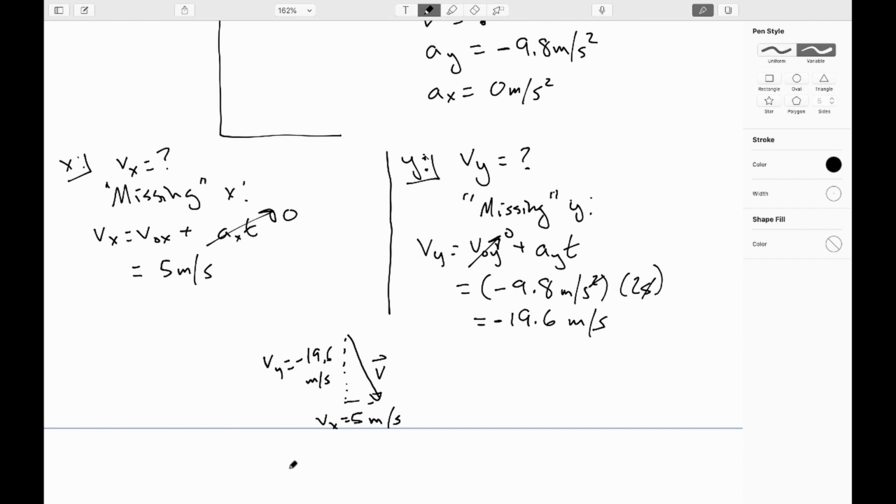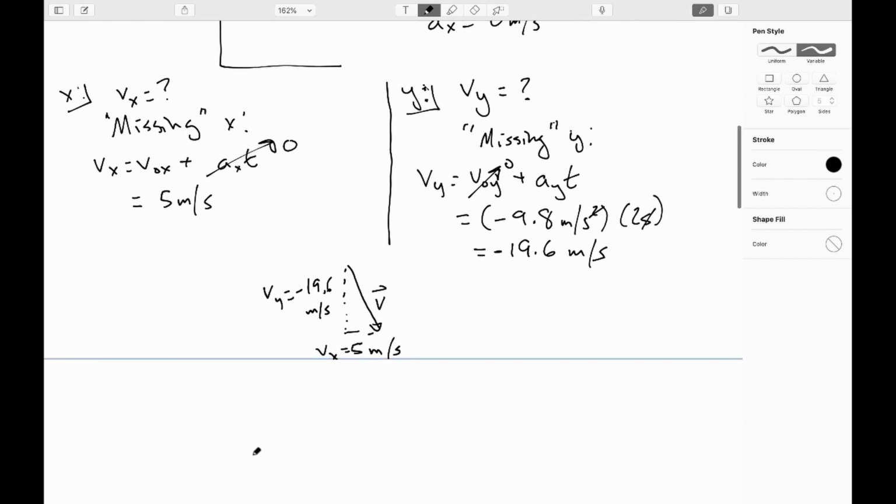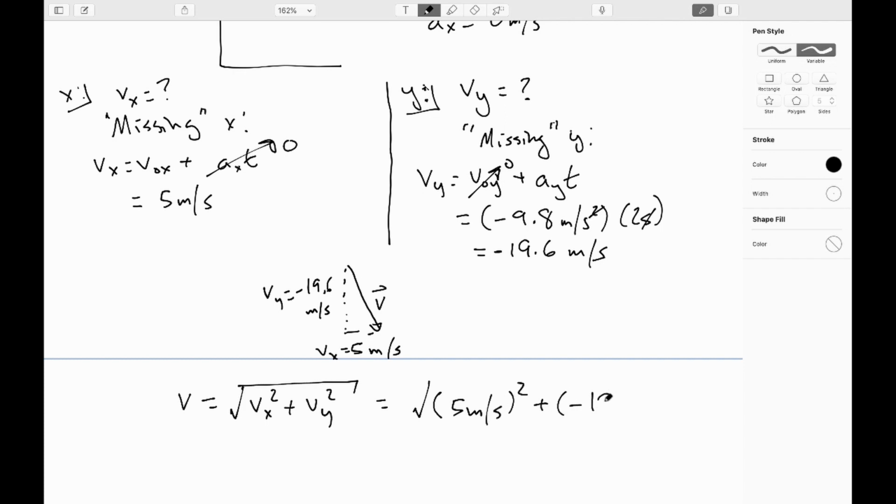So by the Pythagorean theorem, since v is the hypotenuse here, my speed v will be equal to the square root of v x squared plus v y squared. So this will be the square root of 5 meters per second quantity squared plus negative 19.6 meters per second quantity squared.